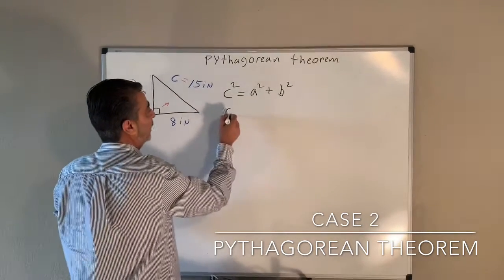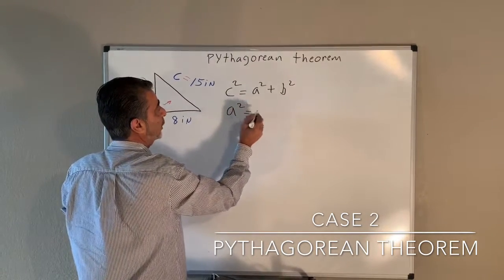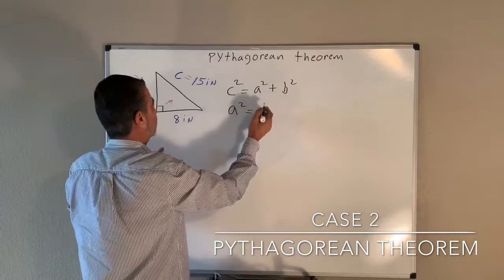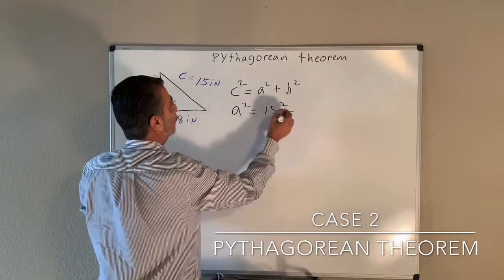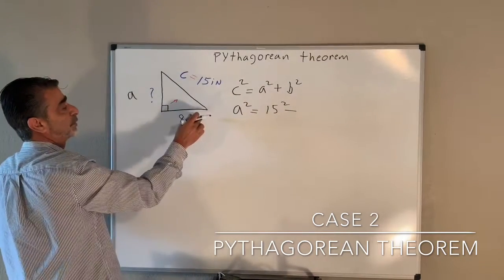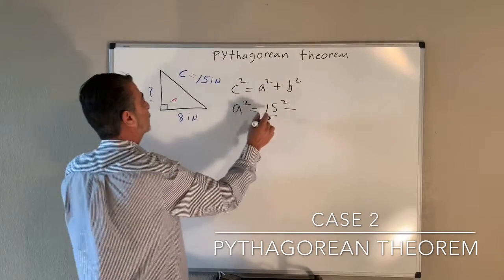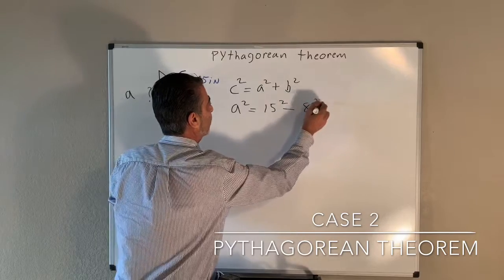So we're going to call this A. To find A, you use a squared equals c squared, which is 15 squared, and now we subtract since we have the long side given. So 15 squared minus 8 squared.